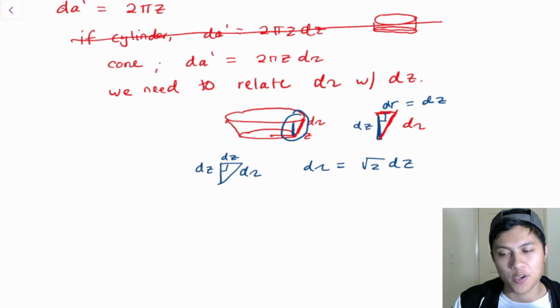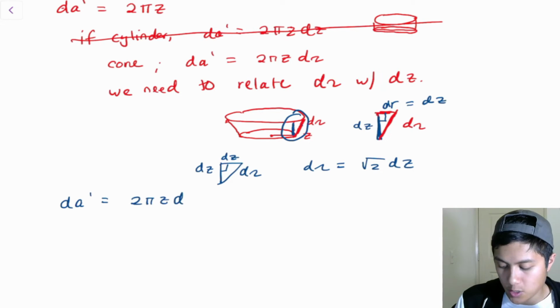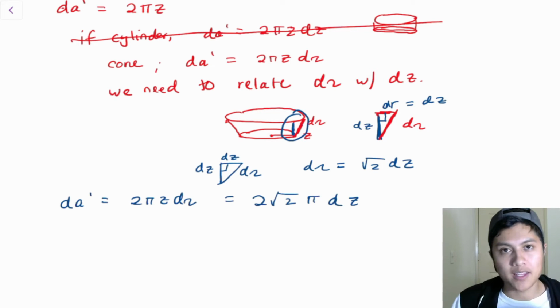We finally got our differential area element, dA prime, which is equal to 2 pi z d script r, which is equal to 2 root 2 pi z dz. So we finally have our differential area element, and we are now going to do some integration.